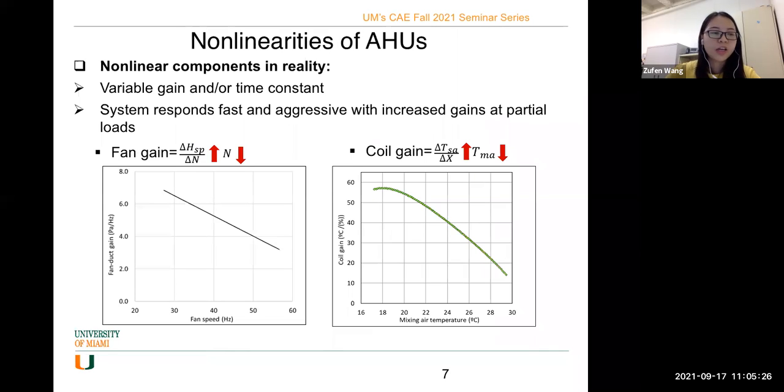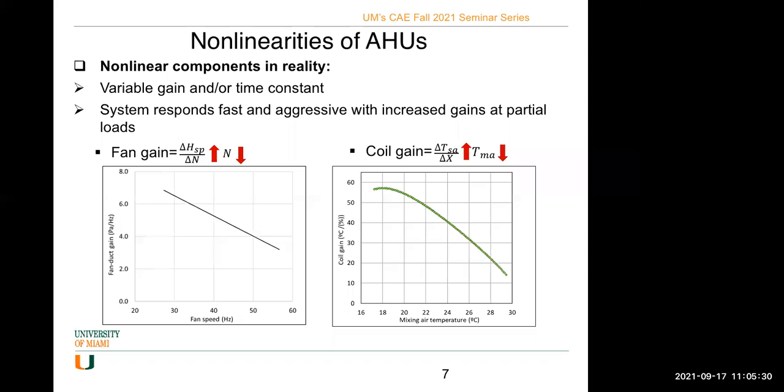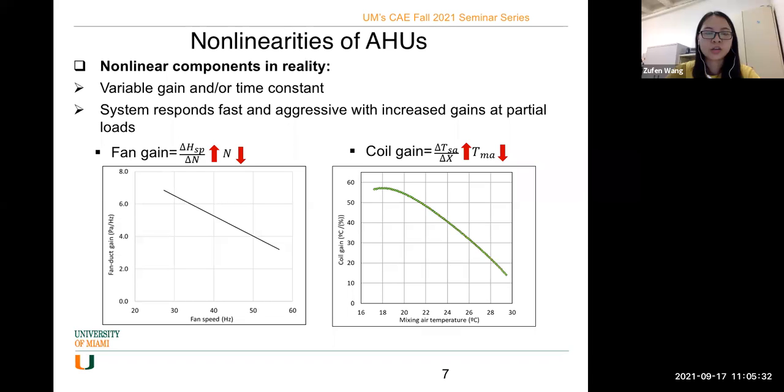Also, instead of linear systems, these 2 control systems are nonlinear in nature, with components having variable gain and time constant. For example, this figure shows the fan duct gain versus the fan speed. We can see that the fan gain, which is the ratio of the static pressure change over the fan speed change, will increase as the fan speed decreases.